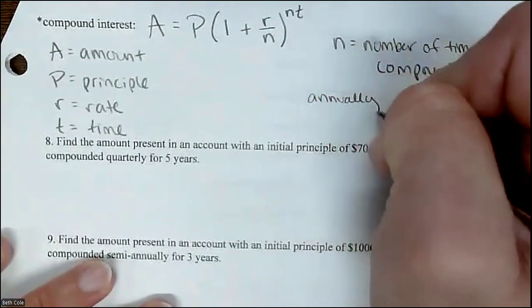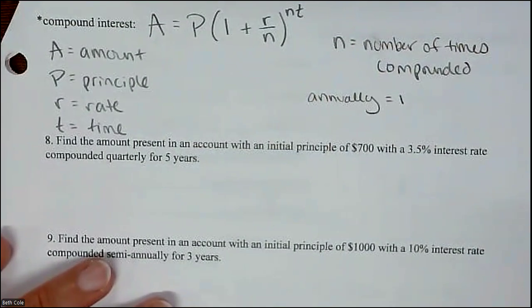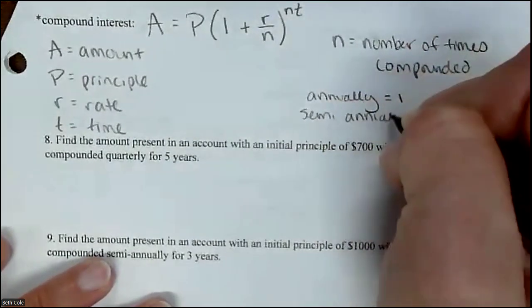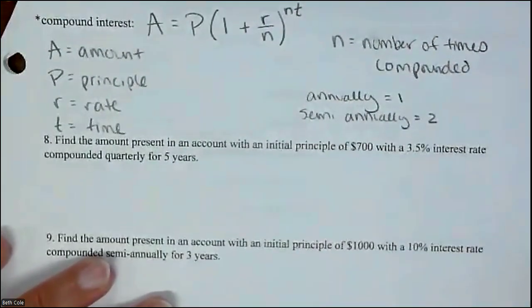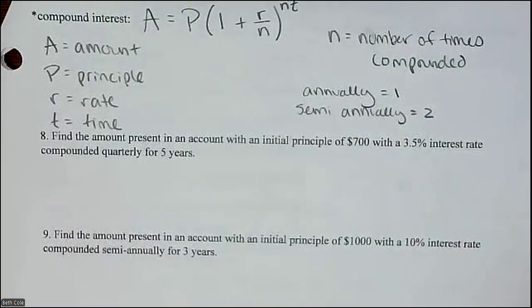So let's talk about what the different numbers for N can be. Annually means N is 1. You compound 1 time per year. Semi-annually means 2, twice per year. Did you learn some of this in your economics?